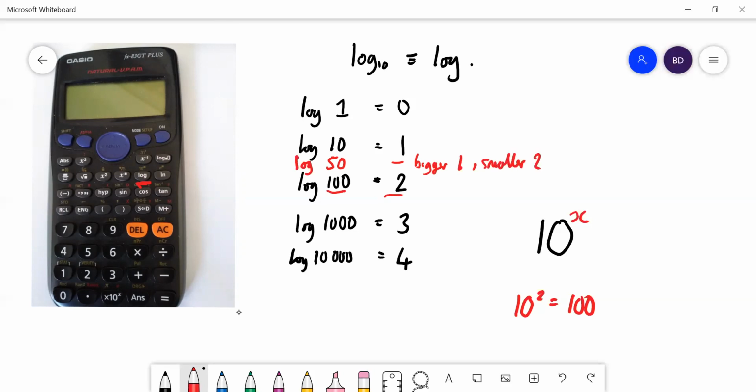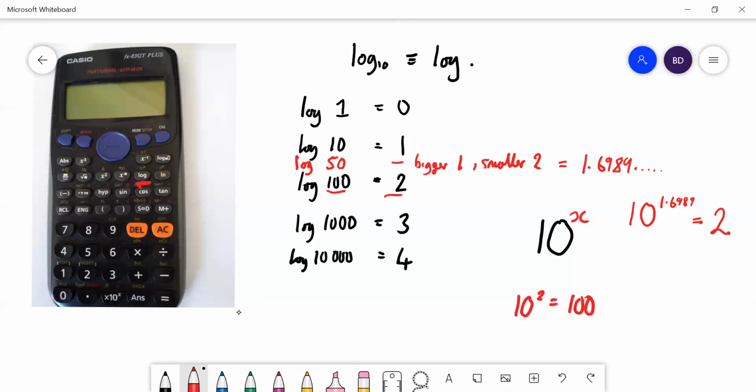If you put it in your calculator, you'll get that log of 50 is actually equal to 1.6989. It carries on like that. So that means that 10 to the power of 1.6989 is going to be equal to 50.